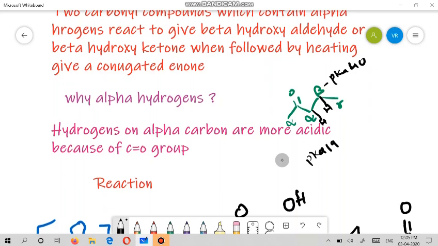So this one is more acidic. These alpha hydrogens are more acidic because of the presence of the adjacent carbonyl group. But beta hydrogens are not acidic, the pKa value is high. So that is why the carbon having alpha hydrogens will undergo this kind of aldol reaction.